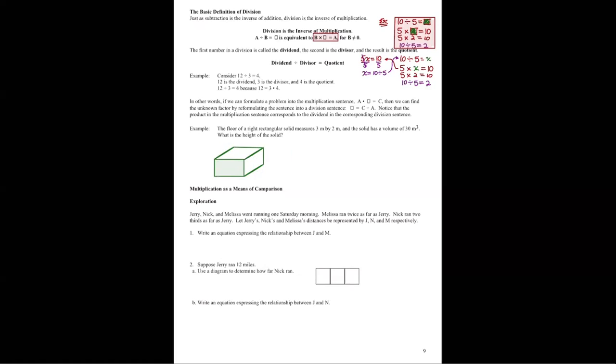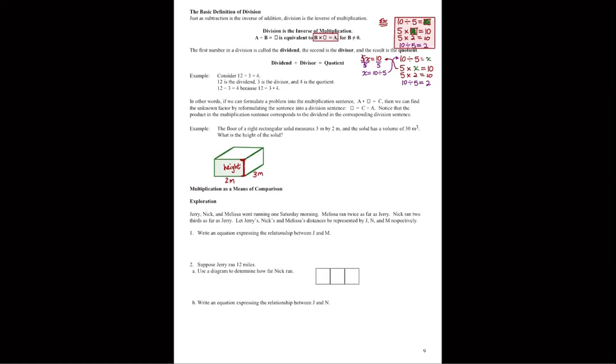It's not important to me for this particular example. The floor is represented by the measures 3 by 2. So I'll call this one 2 meters. Kind of looks like it could be 2 meters. Actually, I have no idea. I just know that this front side looks a little smaller than this side, so 2 by 3. The height is unknown. This is what I'm looking for. All right, that's this measure here.